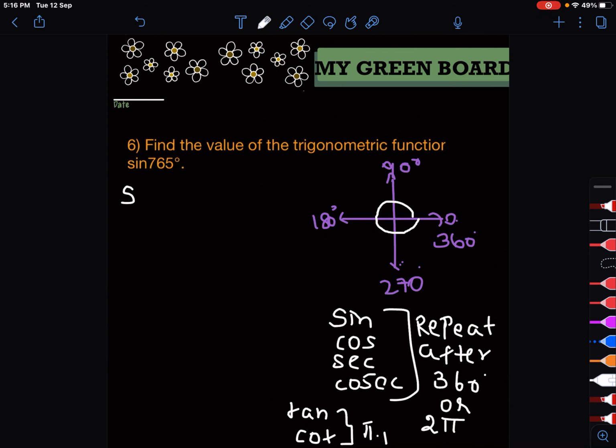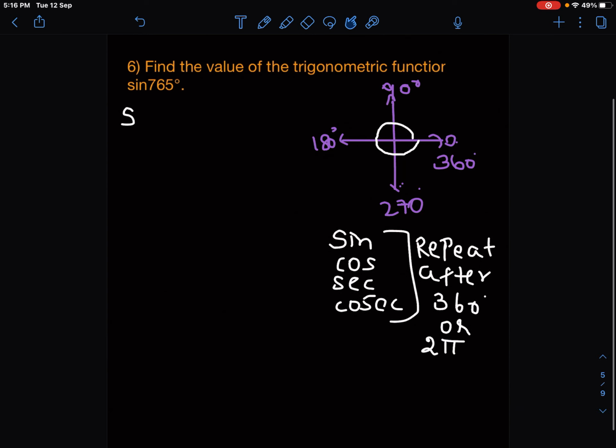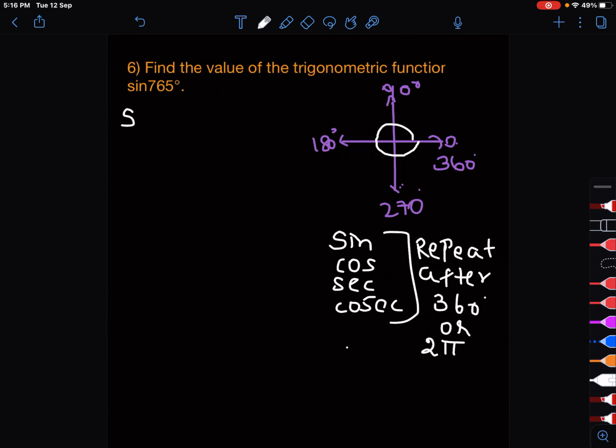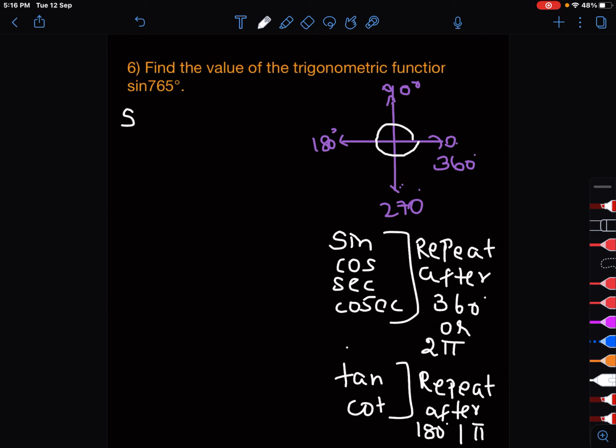Got it, children? Let me just write it clearly. Now this tan and cot, these are the trigonometric identities which will repeat after 180 degree or pi. Okay, got it?